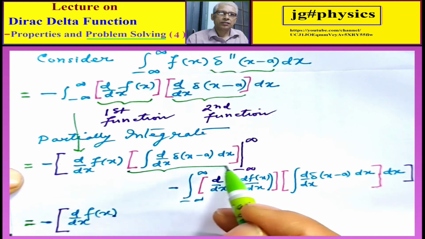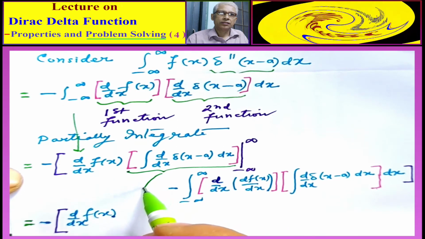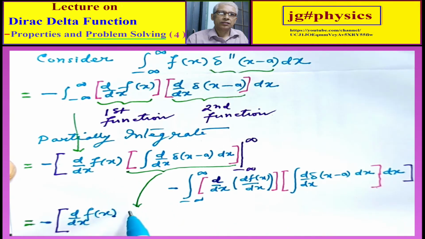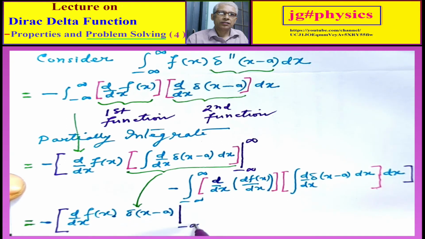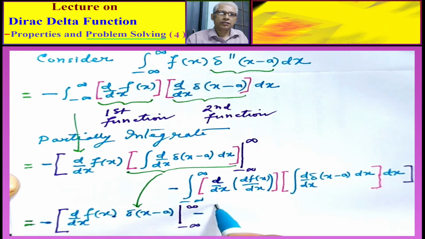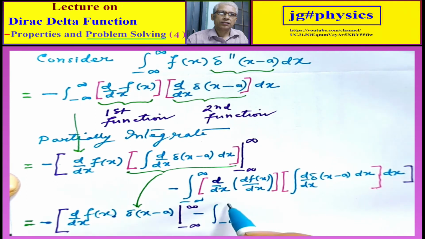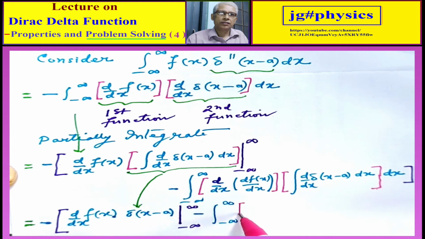Integration over the second function gives Dirac delta x minus a, because integration destroys the first derivative, and this will happen in the second term also.